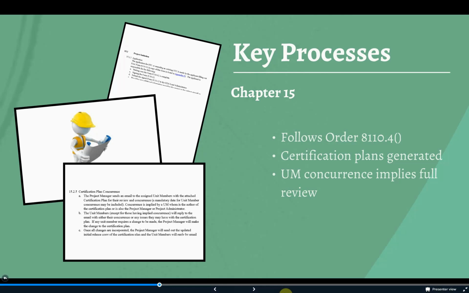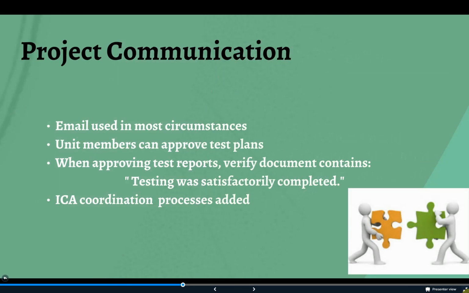This review up front helps alleviate problems toward the end of a program because something was missed. Project communication and coordination with unit members is conducted via email in most circumstances. The project tracking form that has been used on past projects no longer includes due dates, nor are conformity discrepancies documented on the form.